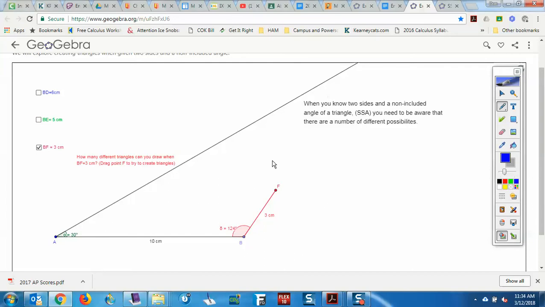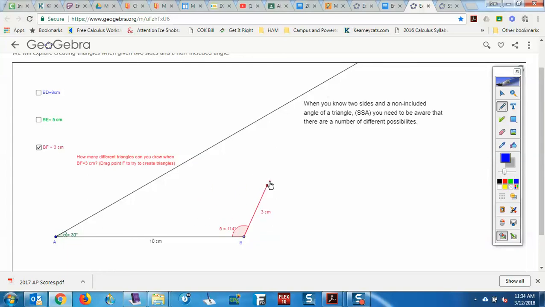All right. Now, in this case, there's no possible triangle. This side's too short. Again, we don't know what this angle is. Could be anything. It's too short. So I'm given a 10 here, a 3 here, and a 30 here. It'll just never make a triangle.